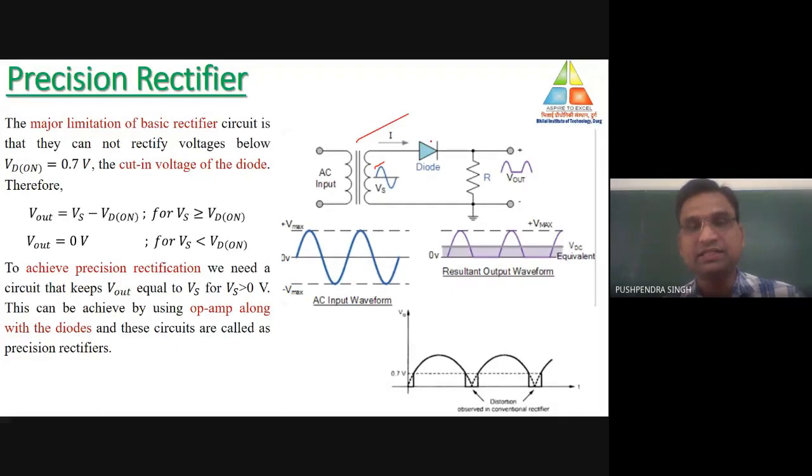So as long as the level of the input voltage is less than the cut-in voltage, the diode will not move into forward biasing, but will remain in the open circuited condition, or not in working condition. So for the diode to be forward biased, the input supply to the diode must be greater than the cut-in voltage of the diode. That is the basic limitation of the diode, and that is the basic limitation of the basic rectifier circuit.